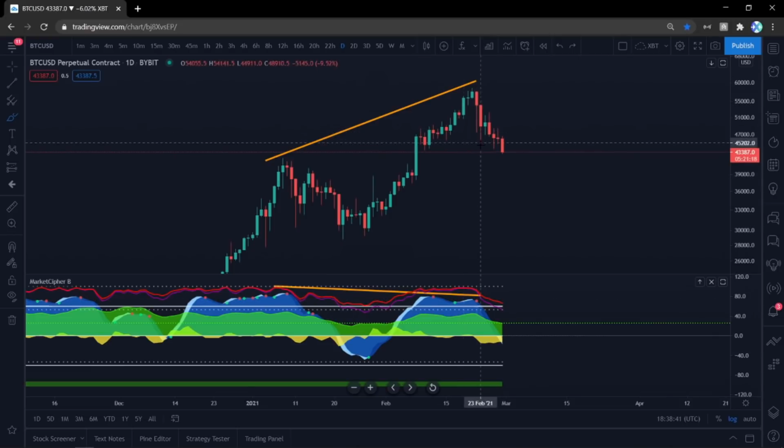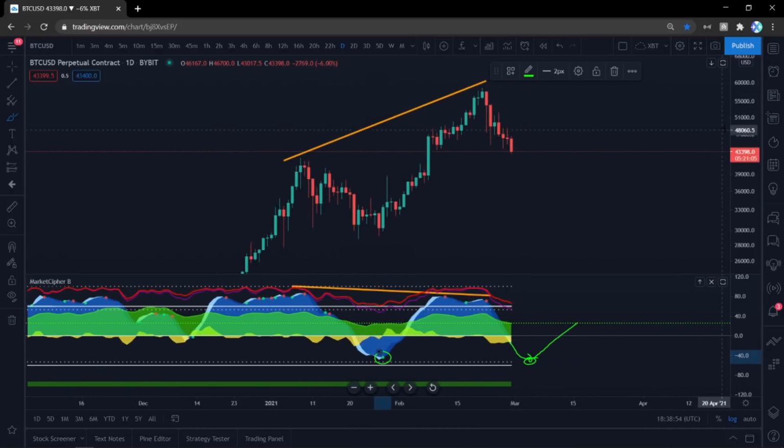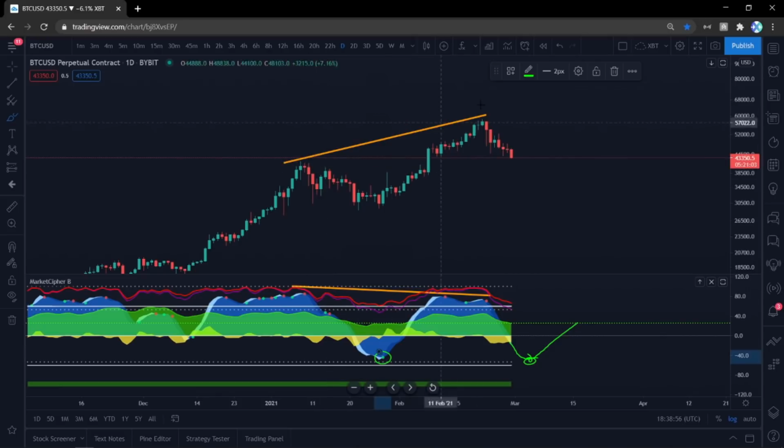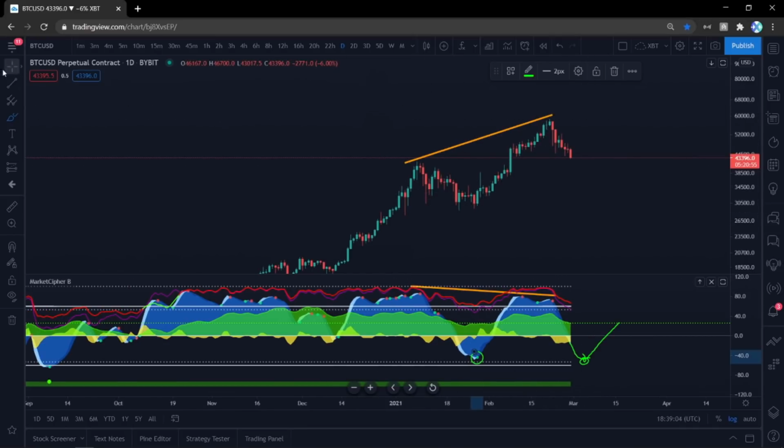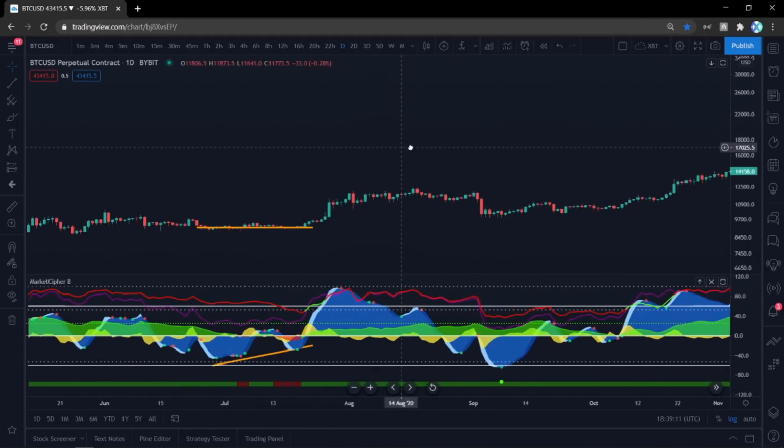So basically, we're not going to know the magnitude of this bearish divergence until we get the counter signal from the blue wave. We'll get that little green dot at the bottom of the blue wave, similar to this that happened here. And that will be basically our measure of the magnitude of this dump that we're seeing. Until then, there's no way to know the magnitude of this dump. So all we know is the direction, and that is kind of a weakness of divergence.